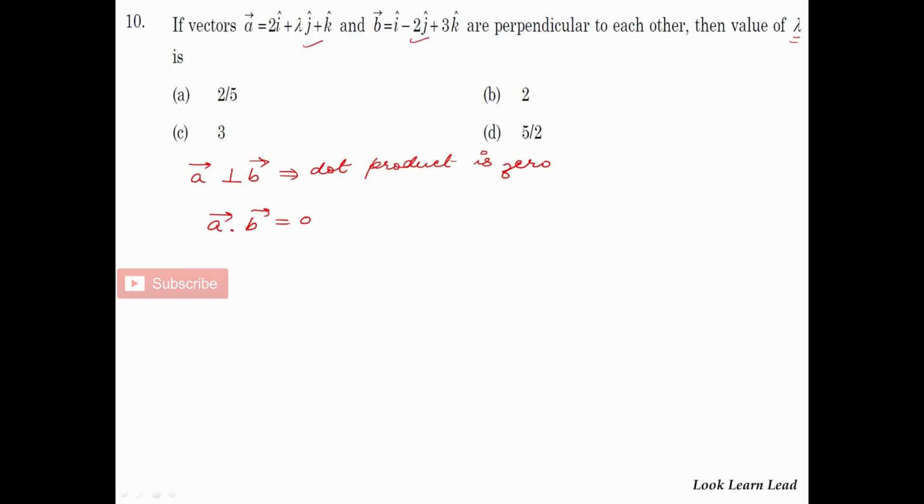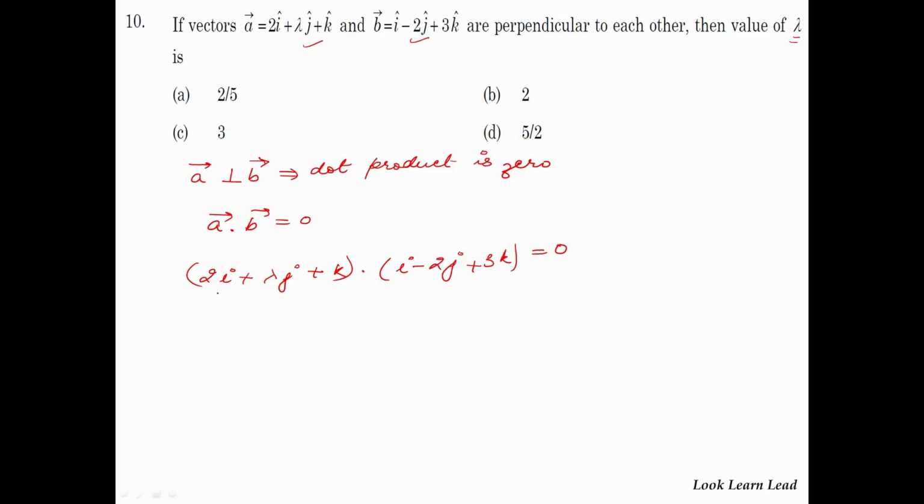So (2i plus lambda j plus k) dot (i minus 2j plus 3k) is equal to 0.